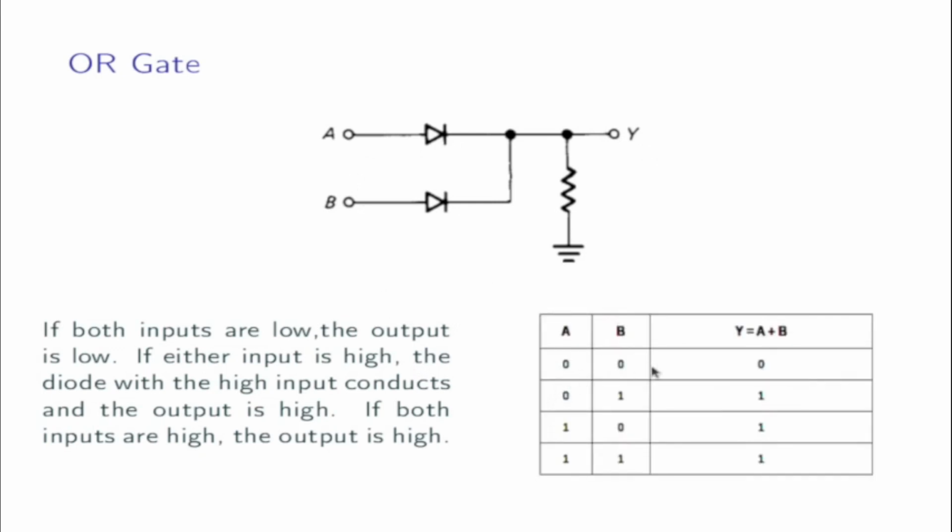That means the diode conducts when either of the inputs is high or both the inputs are high, and it does not conduct if both are connected to ground. Thus this acts as an OR gate.